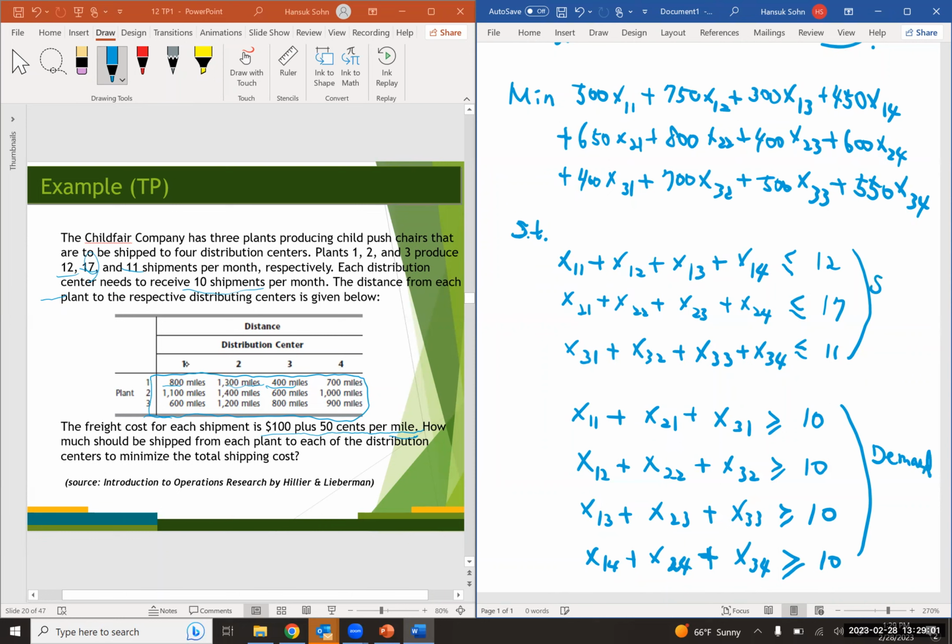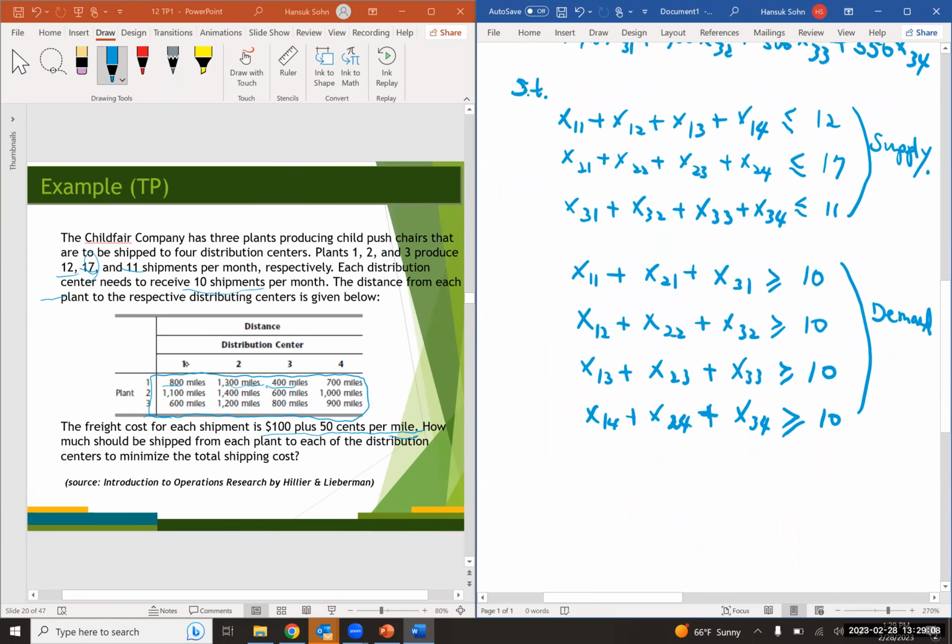And this is the supply constraint, okay? And don't forget to add the sign restriction. x_ij has to be greater than or equal to 0, sorry, for all i and j values, okay?